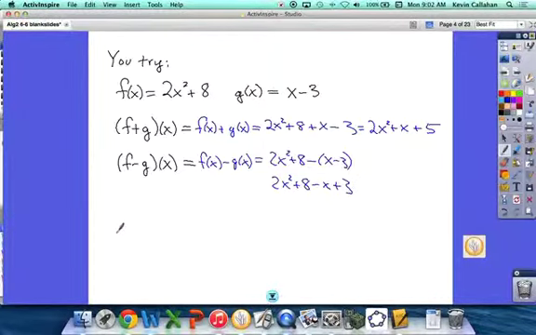So we're going to get a little bit different combination of the like terms now. That'll be 2x squared minus x plus 11. Easy, right? I hope so.